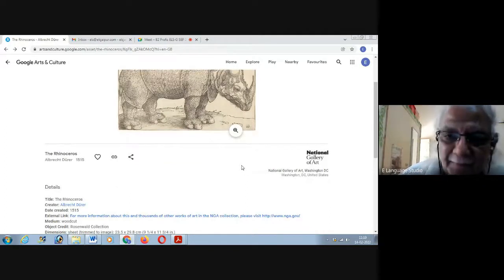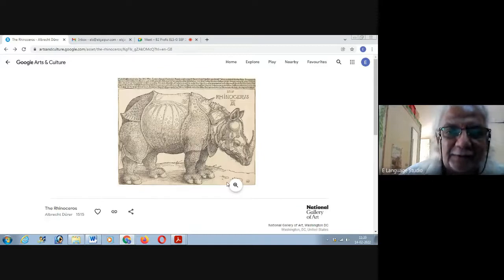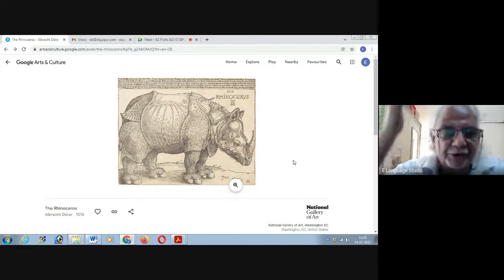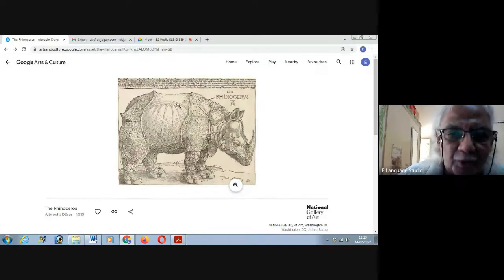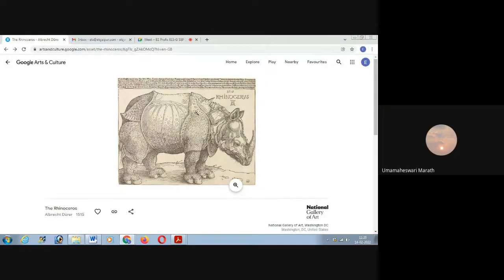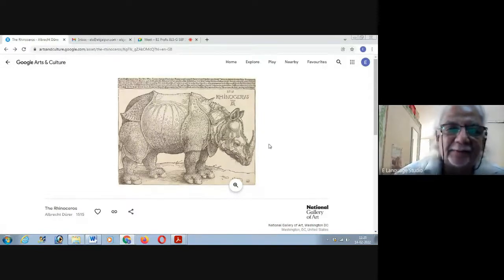So his friend must have been very accurate in the description. Or Albrecht Dürer had this vision, or he was able to visualize the words spoken by his friend in the form of this picture. That is the amazing thing about this picture.